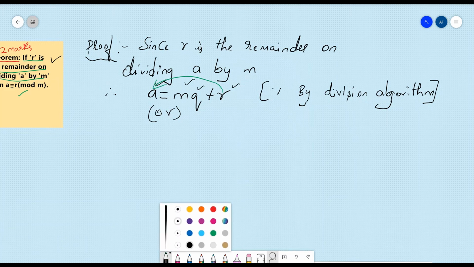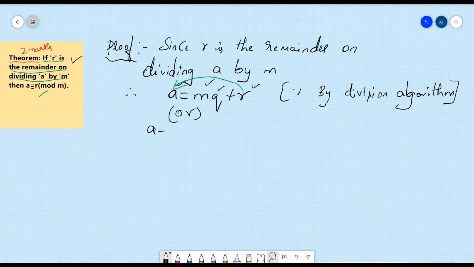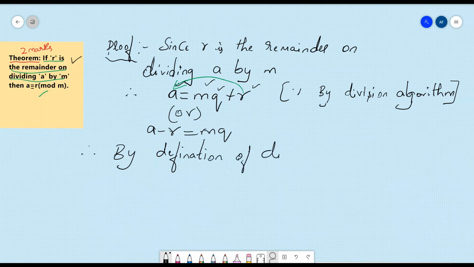I'll get a minus r is equal to mq. Therefore, by definition of divisibility, I can write down this one as m divides a minus r. M divides a minus r.